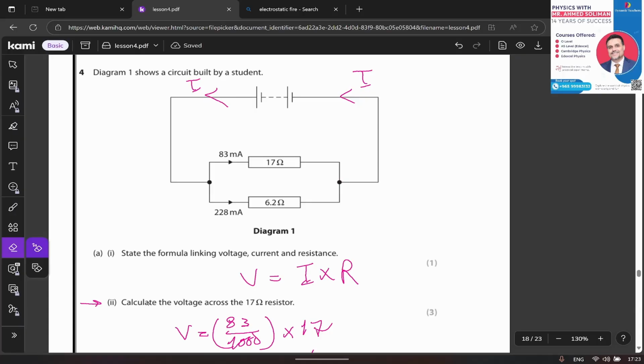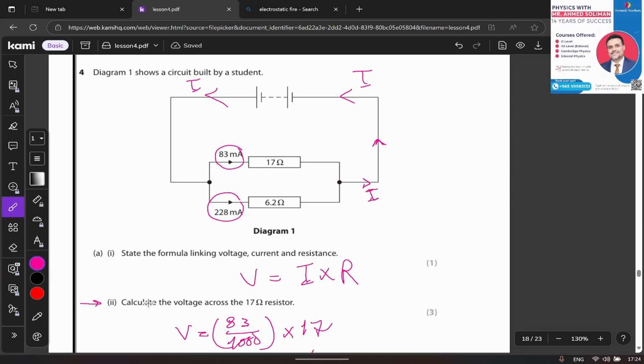Where is the resistance? Pay attention. We have current here and the current here, and we need the current here. What should you do to find the current here?